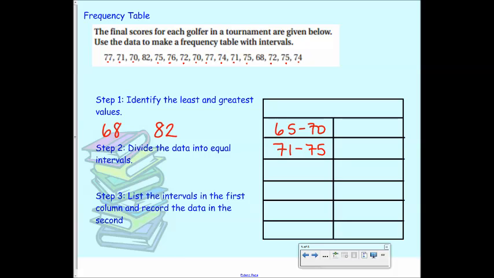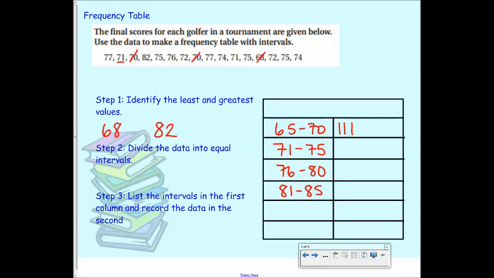How many people scored from 65 to 70 though? 1, 2, 3. So that's it, right? All right, how many people scored from 71 to 75? 1, 2, 3, 4, 5, 6, 7, 8.